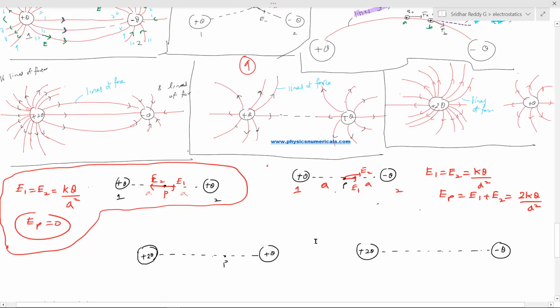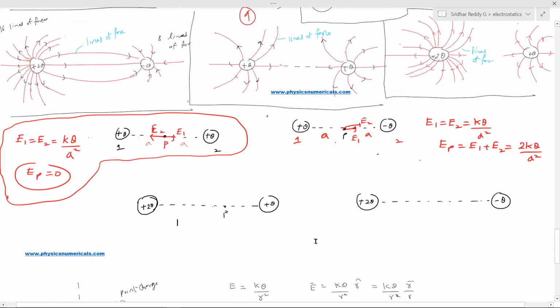Will the field be 0? What is the condition now? This has a magnitude 2q, this is q. So will the field be 0? The distance of separation between them is how much? 2a. Let me pick up a point at a distance x.